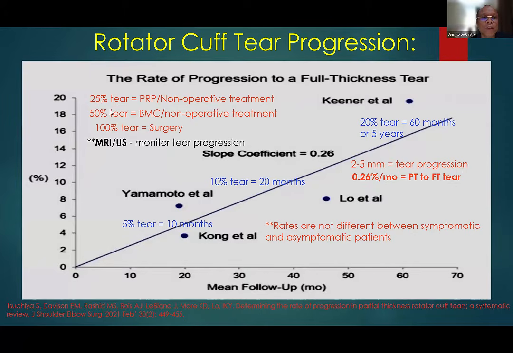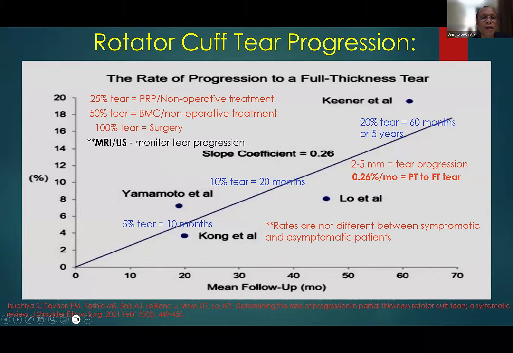If there is a 50% tear, then we can use bone marrow concentrate or even adipose stem cell treatment here. And only when we reach a 100% tear should we do surgery, okay, according to this study.